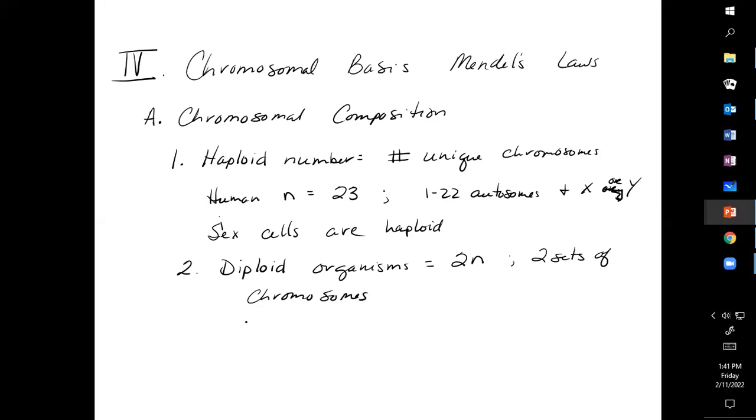So human somatic cells are diploid. Our human somatic cells are 2N. And so that means they have two sets of 23, for 46 total chromosomes. It's two sets of 23.